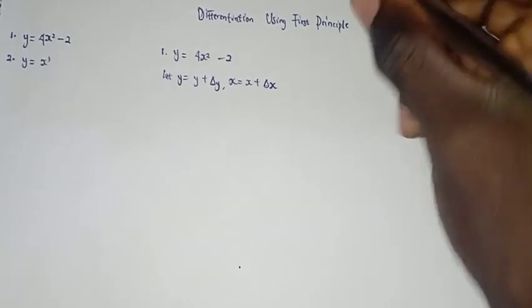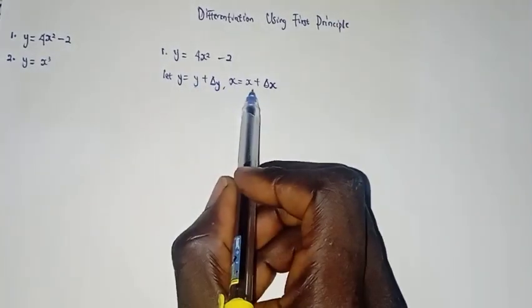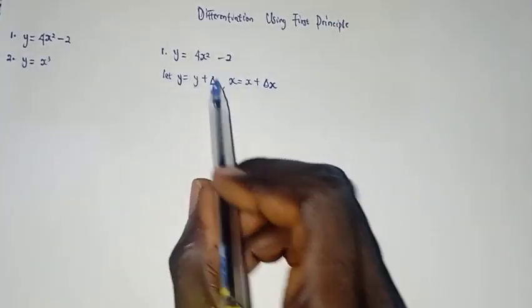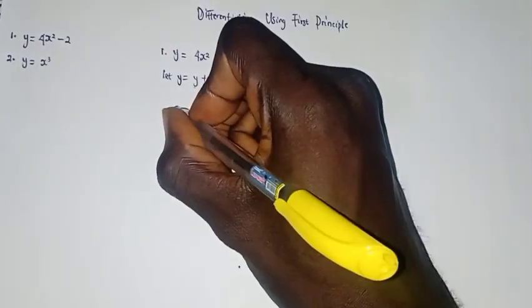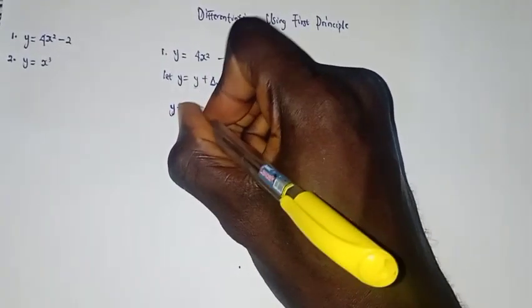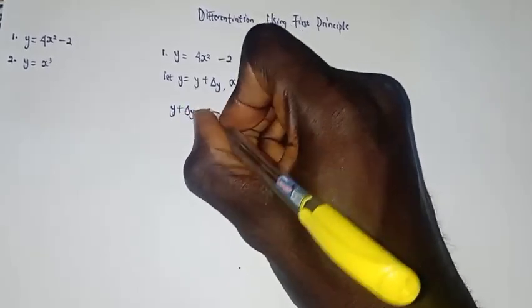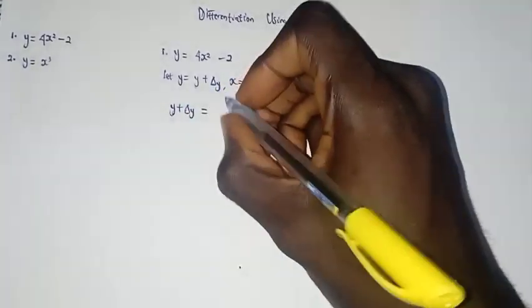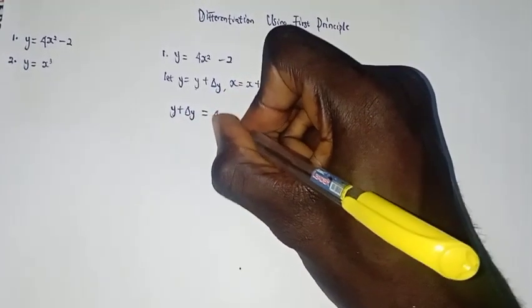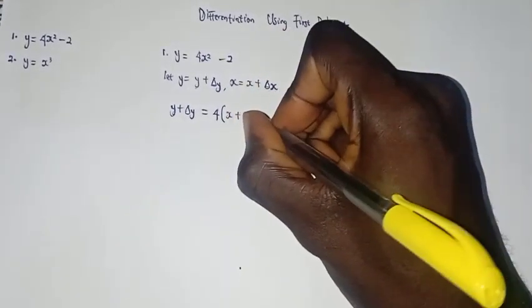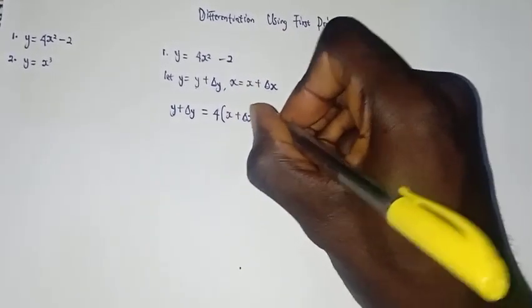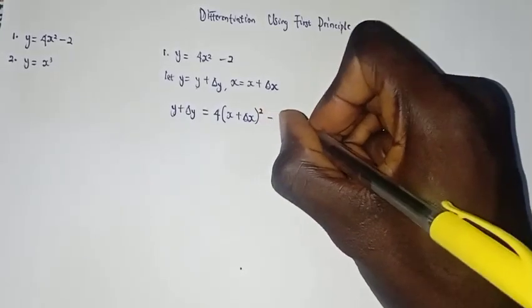Right, now we'll substitute y as this and then x as this into this equation. So we have that our y becomes y plus delta y equal to, now x becomes 4, this x squared becomes x plus delta x all squared minus 2.